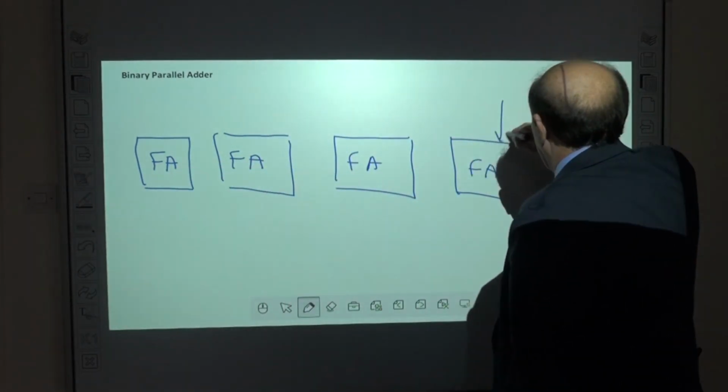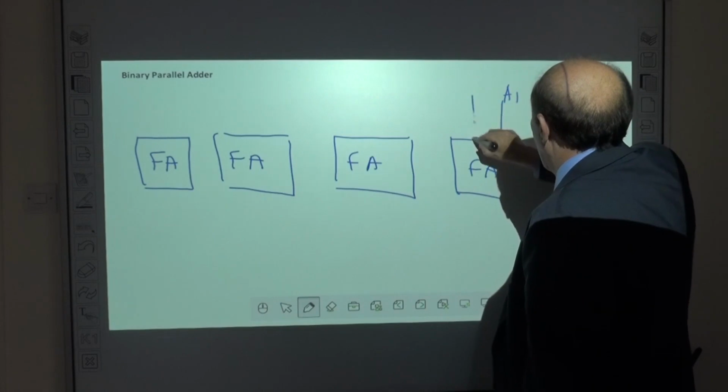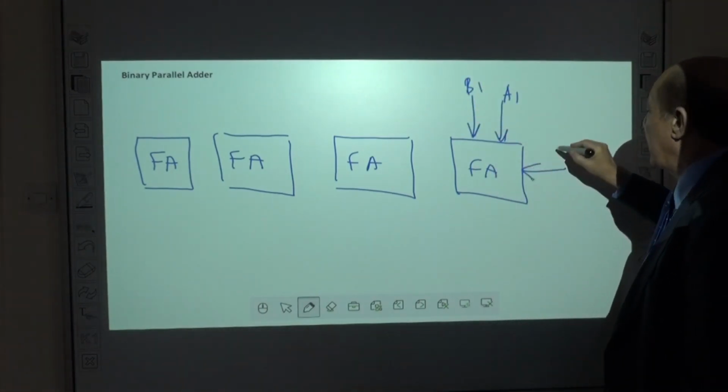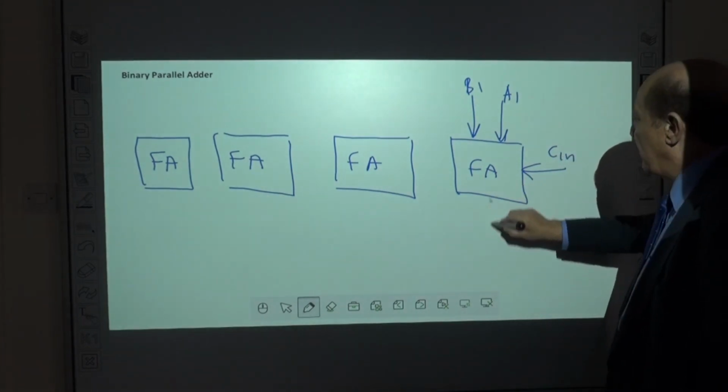Here we apply A1 and B1 and the carry in to get S1.